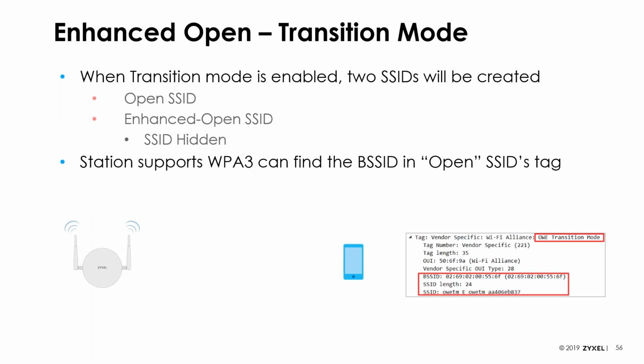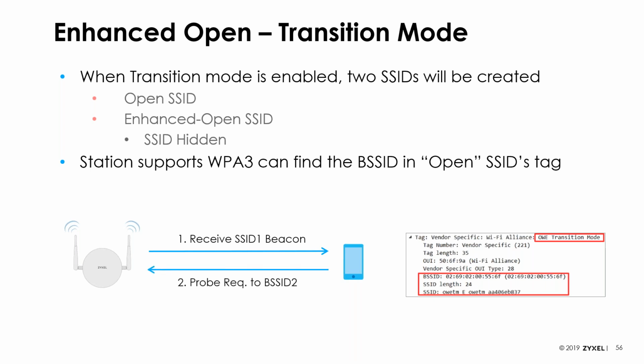So in the transition mode, when a WPA2 client connects to the AP, it receives the beacon for the first SSID with the information that this has a transition mode, and that a WPA2 or an open SSID is also available on this AP.